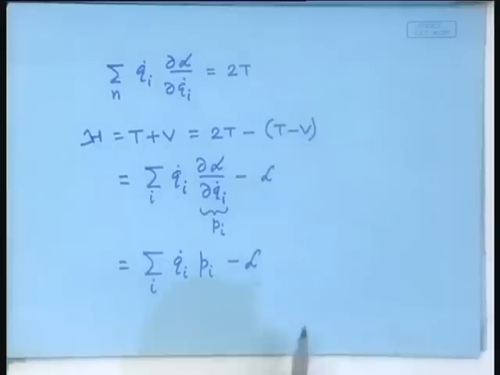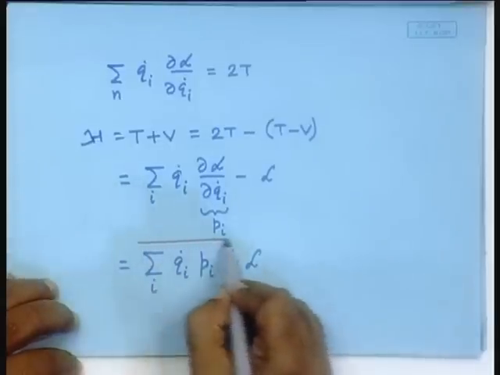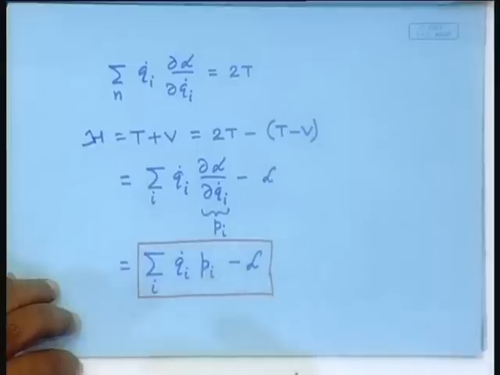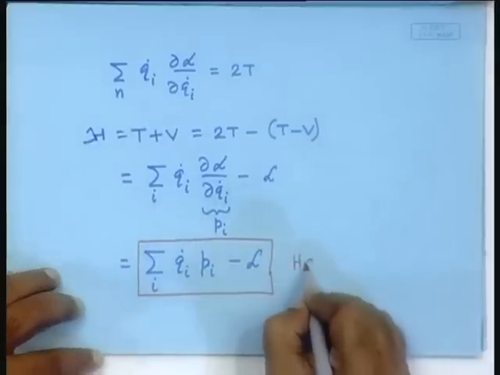Now, it so happens that this term on the right hand side is known as the Hamiltonian function.